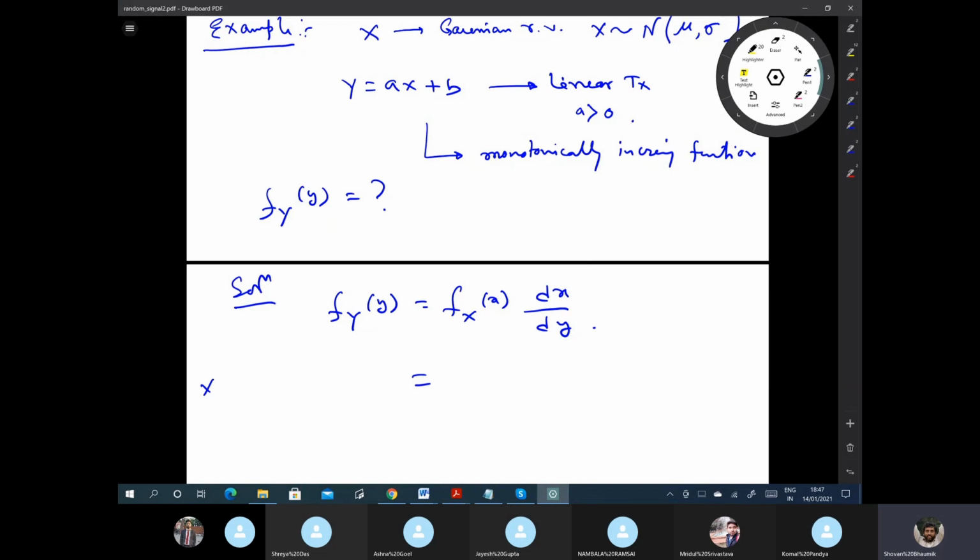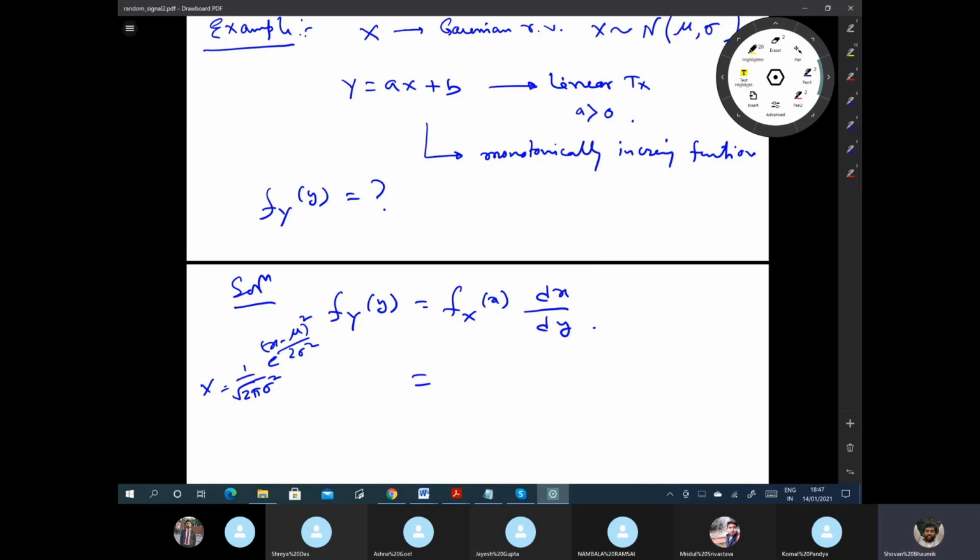It is 1 by root 2 pi sigma square, e to the power minus x minus mu whole square by 2 sigma square.